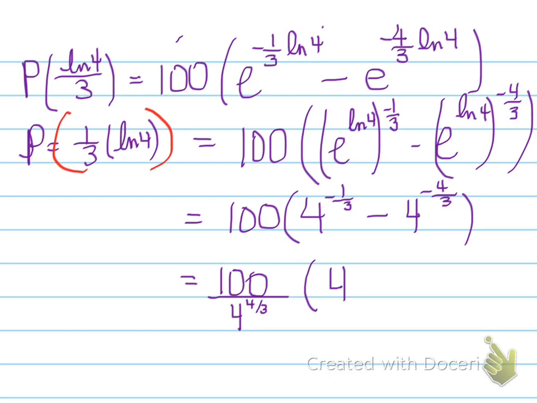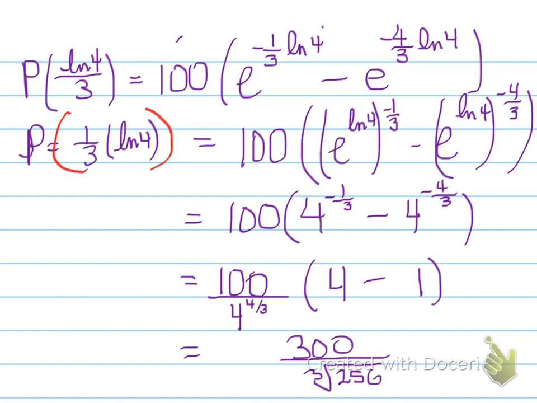Negative 1/3 minus negative 4/3 is going to be 3/3, which is 4 to the 1, which is 4, minus 1. And then the resulting answer will be 300 over the cube root of 256.